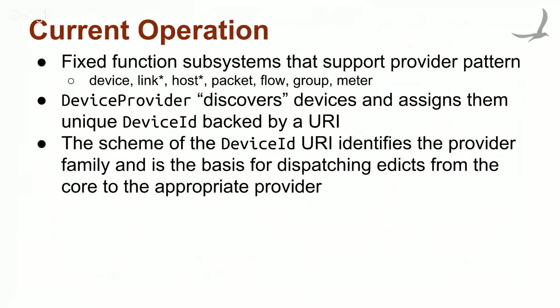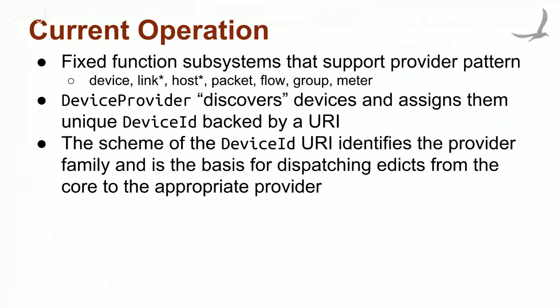So currently, what happens is the fixed function subsystems. Now, device, link and host are a little bit different, because they're generally not protocol specific. But the device related ones are device, packet, flow, group, and meter. The device provider discovers the device and assigns it a unique device ID, which is backed by a URI.